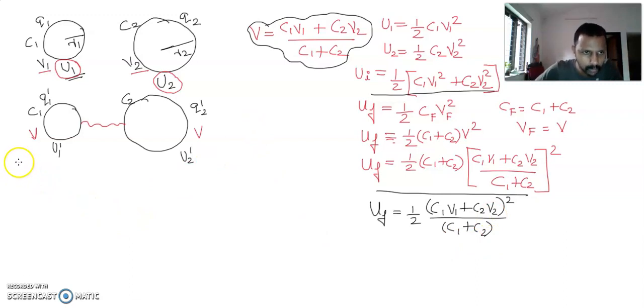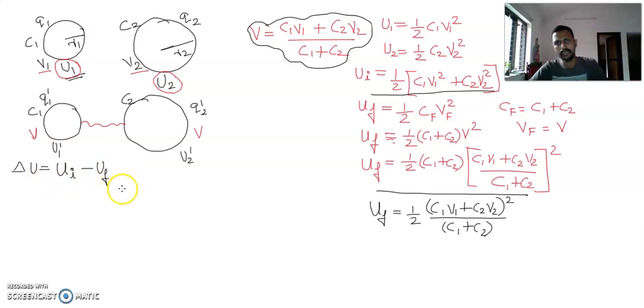What are we going to do? We are going to find the change in potential energy, or the loss in potential energy. It will be initial potential energy minus final potential energy. Pay your attention over here, things are going to get complicated.